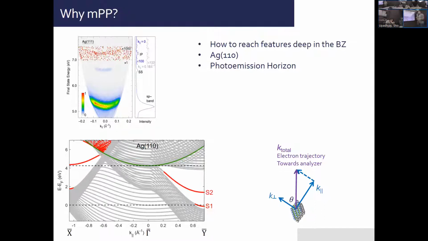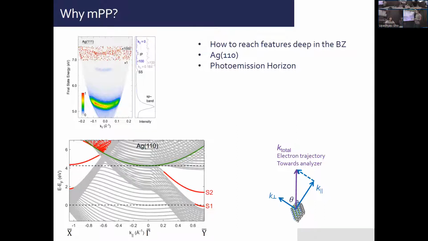However, when the electrons are photoemitted, only the surface normal component can do work against the work function. So at different K points, we have a lower limit in energy of the electrons, which is this green parabola, called the photoemission horizon.